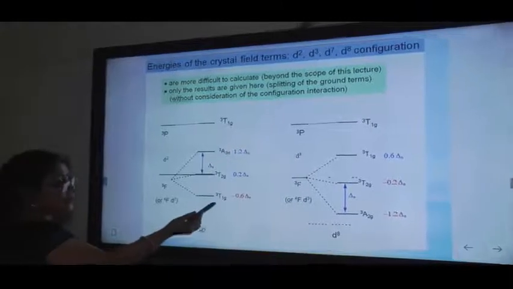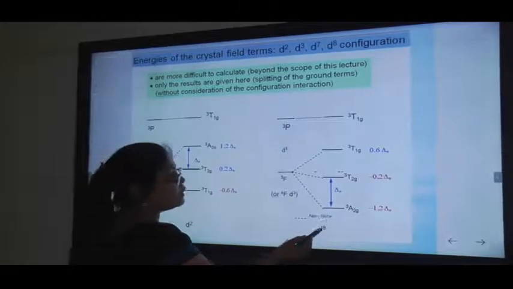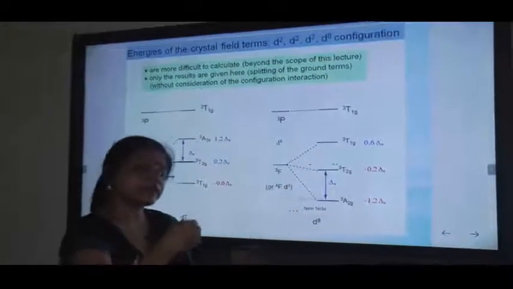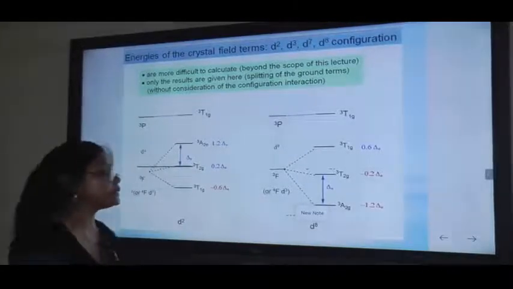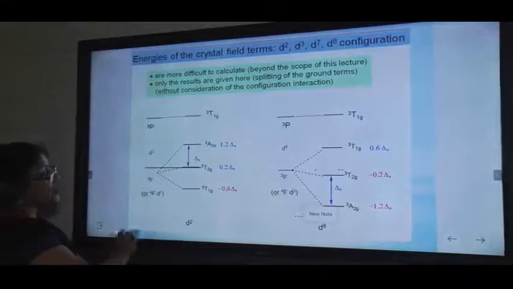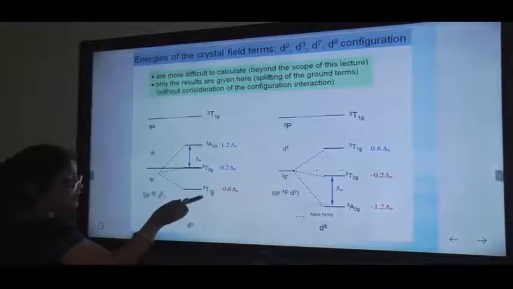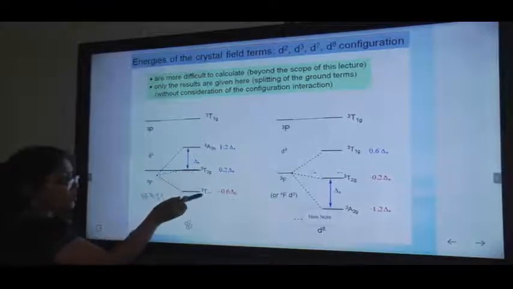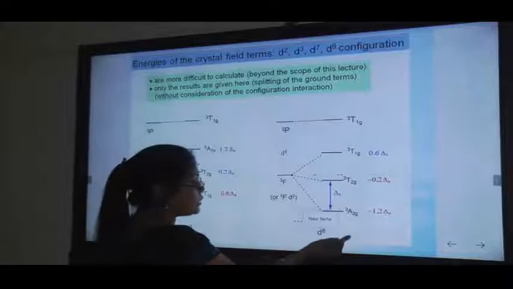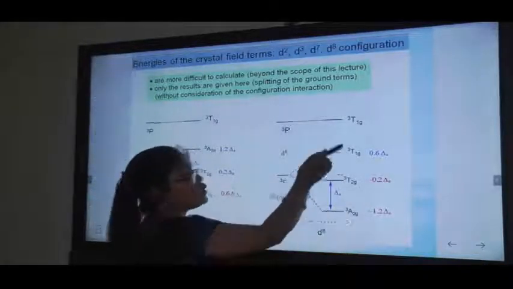The 3T1g is at the lowest level, but in d8, the T1g is at the highest level, simply a reverse of this. Immediately we can say that for d2 configuration, the transition is from T1g to T2g or T1g to A2g. Here the transition is from A2g to T2g, A2g to T1g.